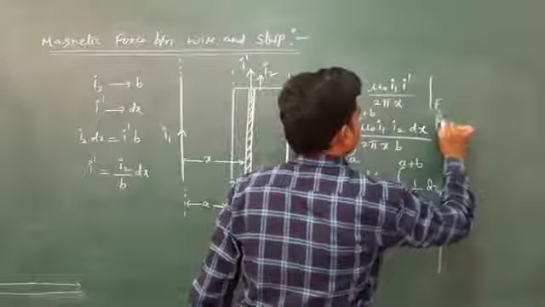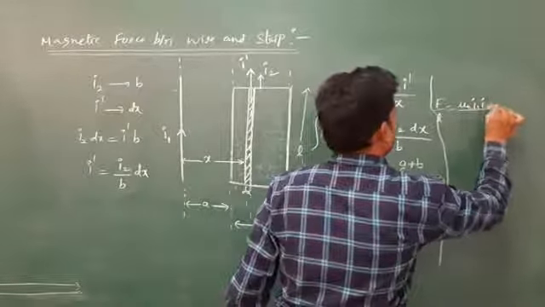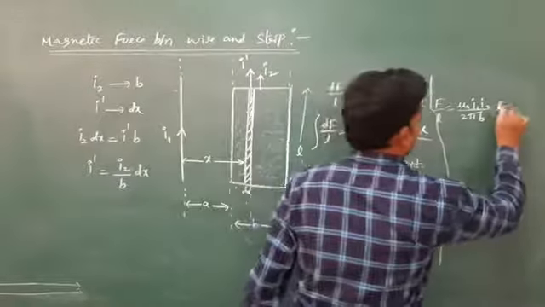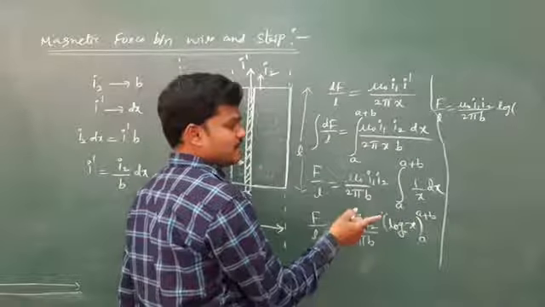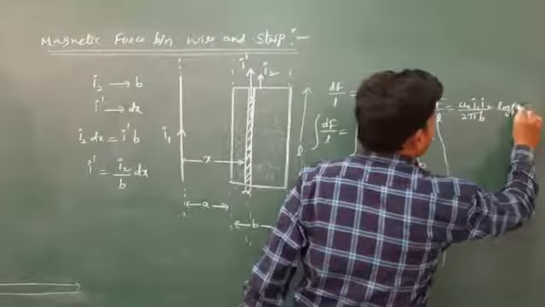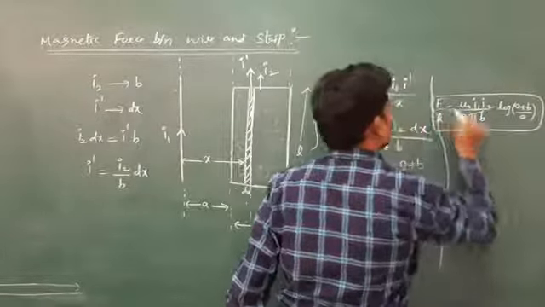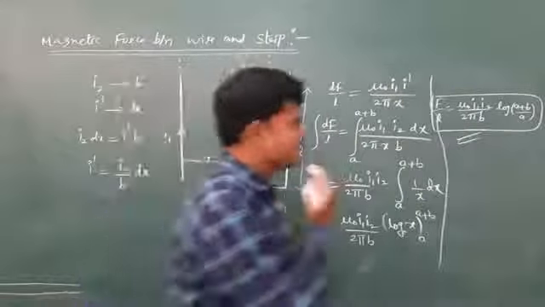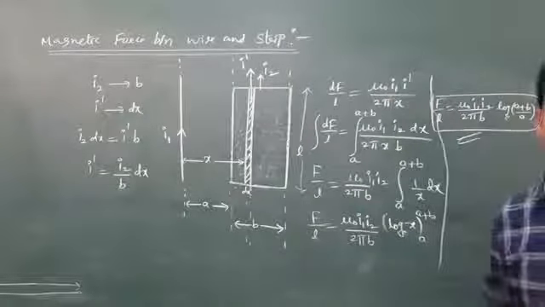So F by L equals mu naught I1 I2 by 2 pi B times log of A plus B minus log A. You know the log formula: log A minus log B is log A by B. Let me write it directly in one step: log of A plus B by A. So this is the force per length between a wire and a strip. You follow this method.